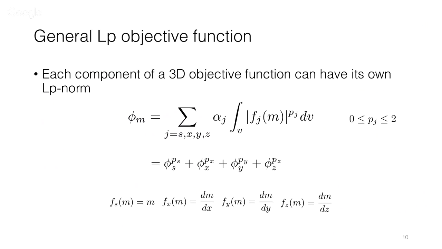We can write phi m as the smallest model component, but now evaluated not with L2 but with p_s, some p-value between 0 and 2, then the x derivative evaluated with p_x, then y and z. So great flexibility, right? Because each term can now have its own power for the Lp value.